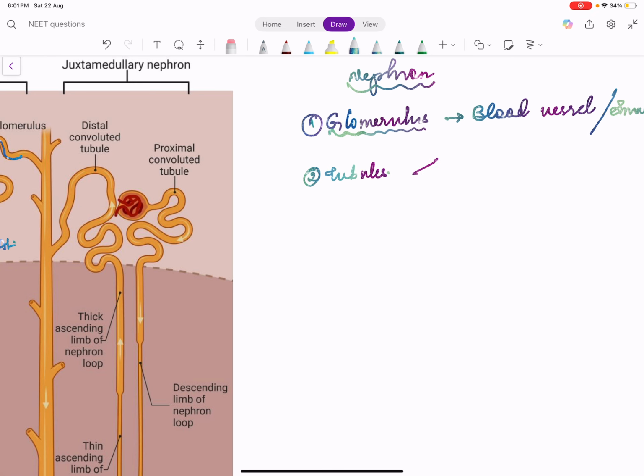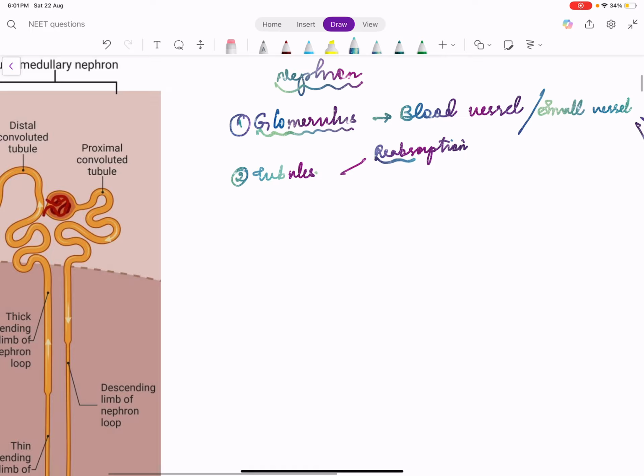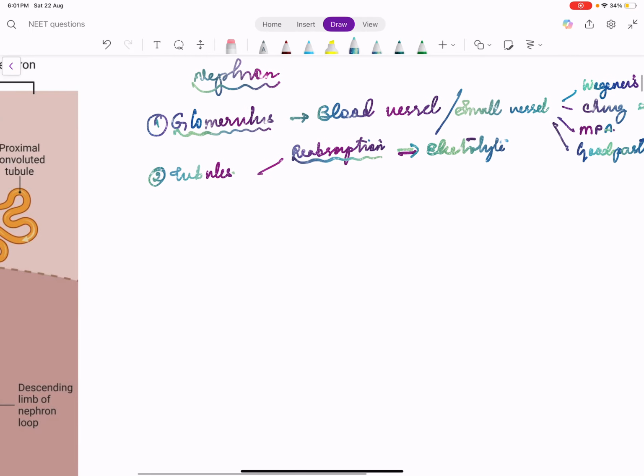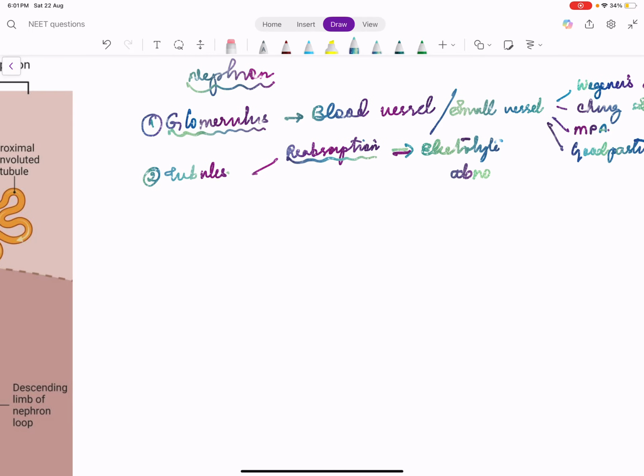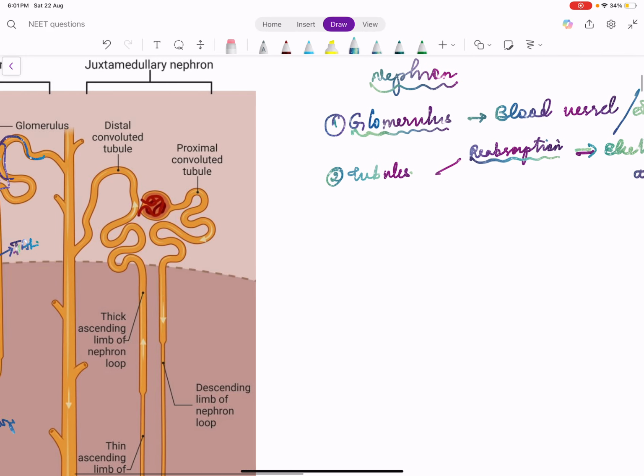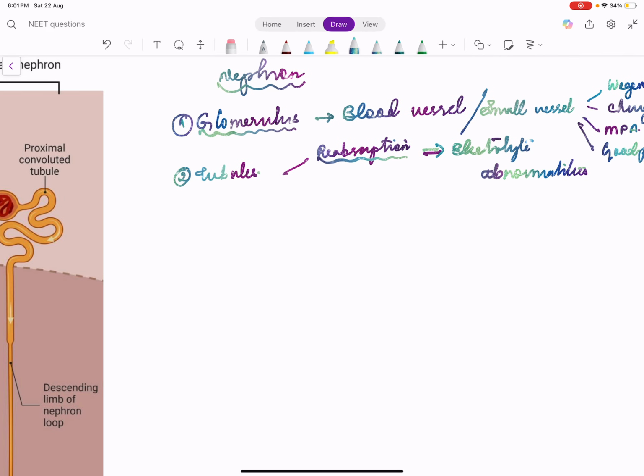Tubules are important because they help in reabsorption. So when tubules are problematic, reabsorption is the main problem, so we have multiple electrolyte abnormalities. There is a separate disease discussion about the tubules.